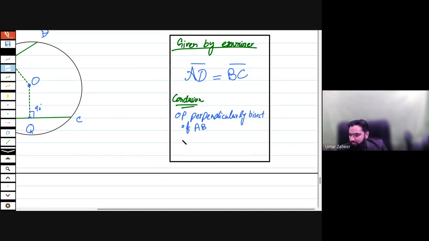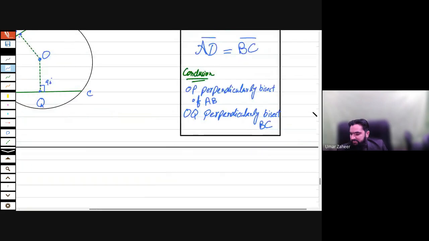In the same way, OQ is perpendicularly bisecting BC. Perpendicular means making a 90-degree angle. Bisect means it is going to be divided into two equal parts. OQ perpendicularly bisects BC.